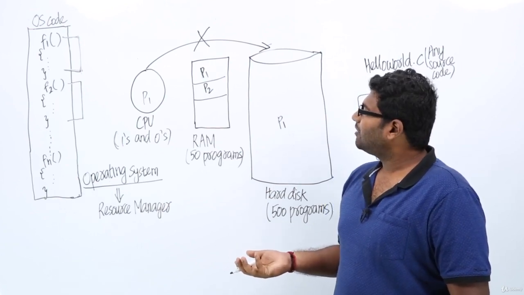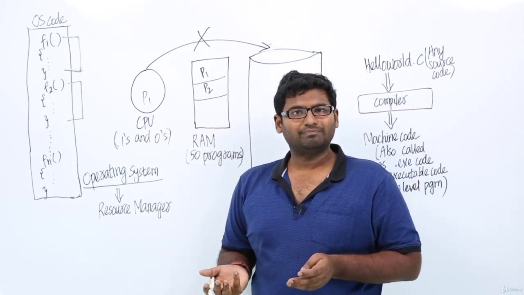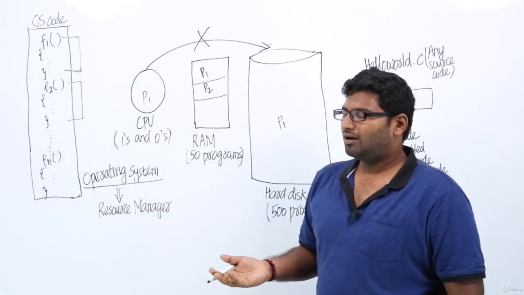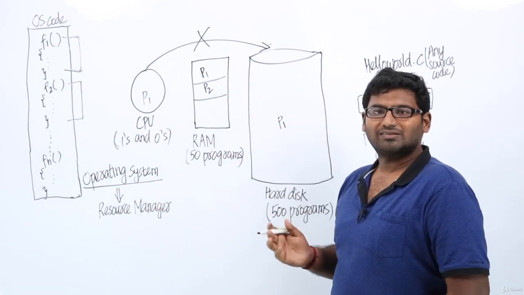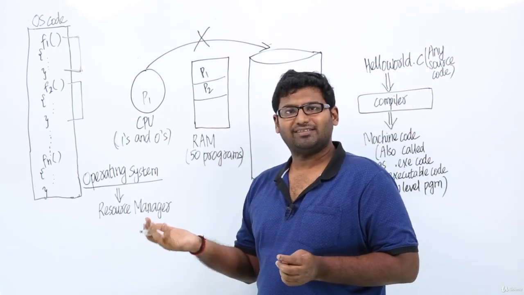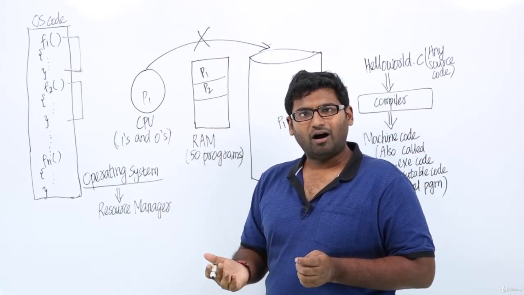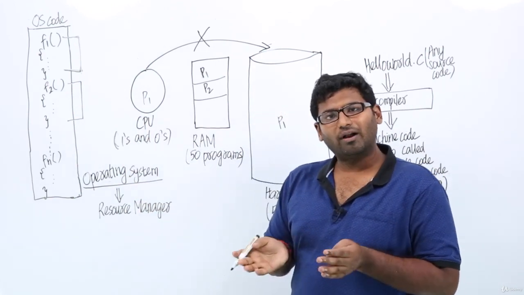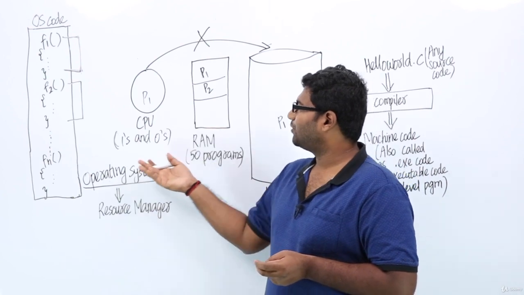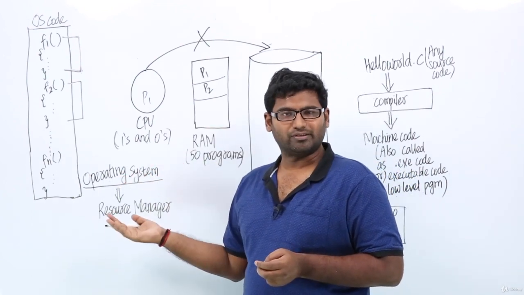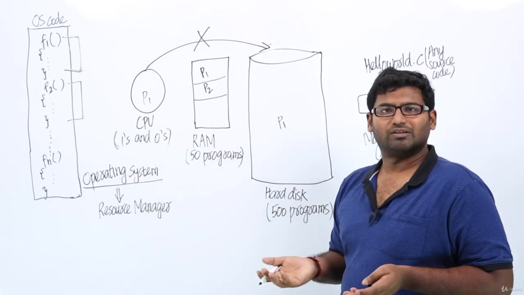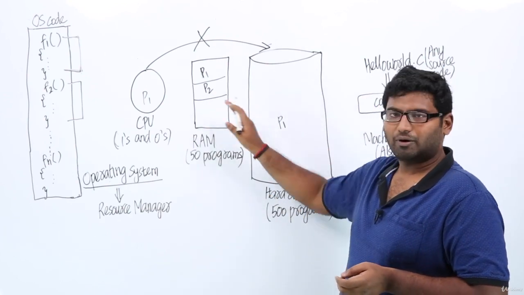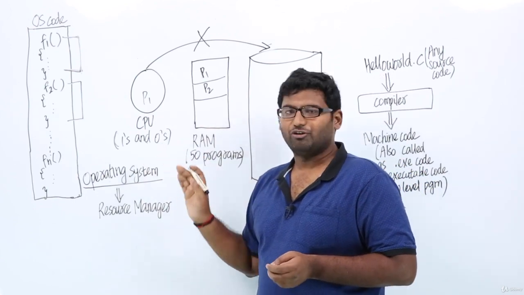For example, this function might implement an algorithm saying that the process which is biggest in size should access the CPU first. Or it can implement a different algorithm saying that the process which is smallest in size should access the CPU first. We can implement a lot of algorithms. Another example is that the process which came into the RAM first from the hard disk should access the CPU first.